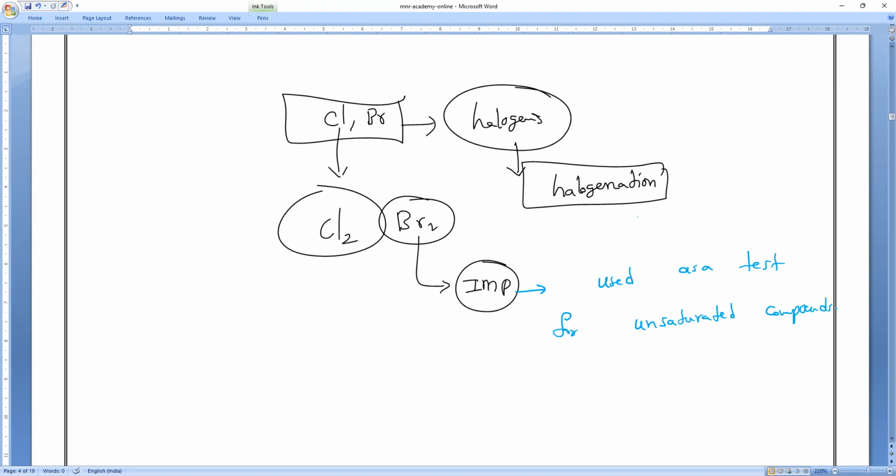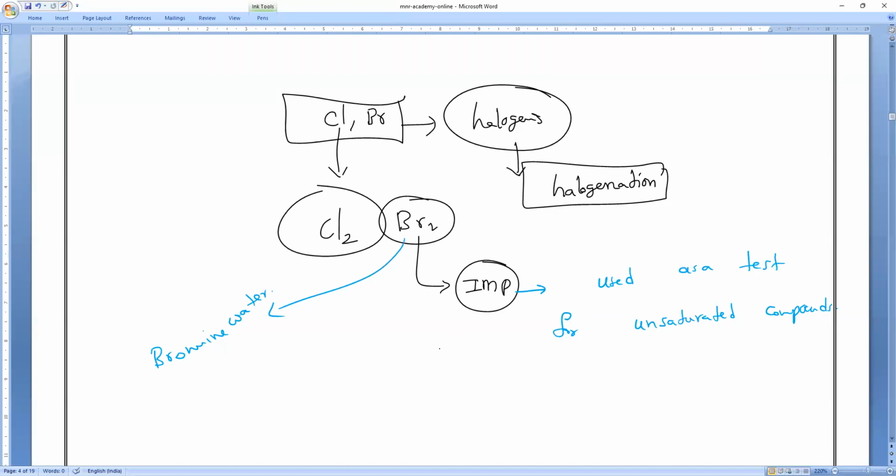That is why bromine is used in the form of bromine water. Note it, everybody, in the form of what water? Bromine water. So to identify whether the given hydrocarbon is saturated or unsaturated, we will use the bromine test.